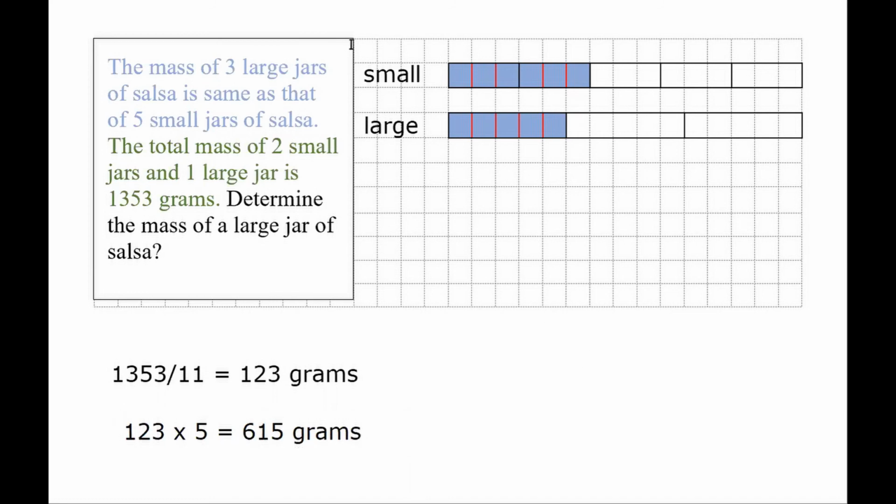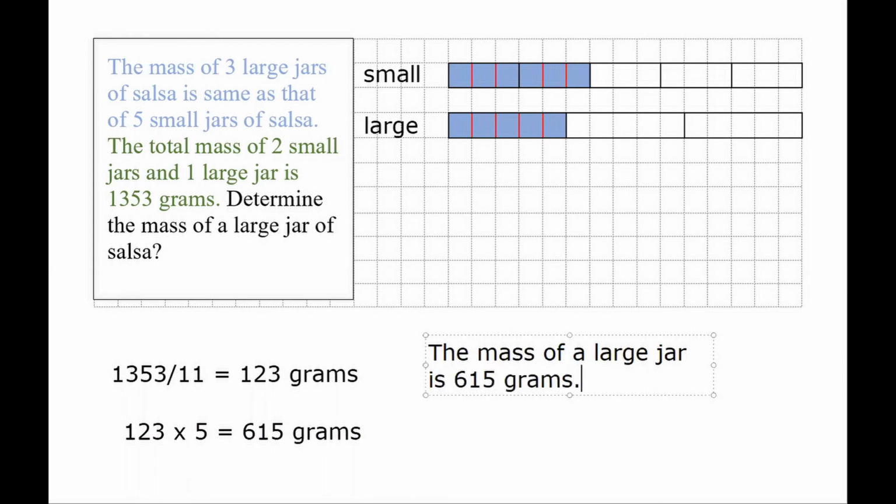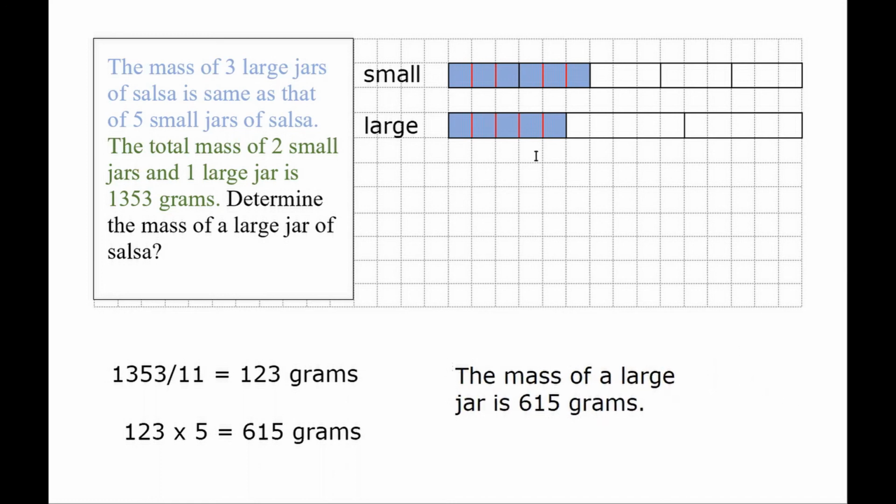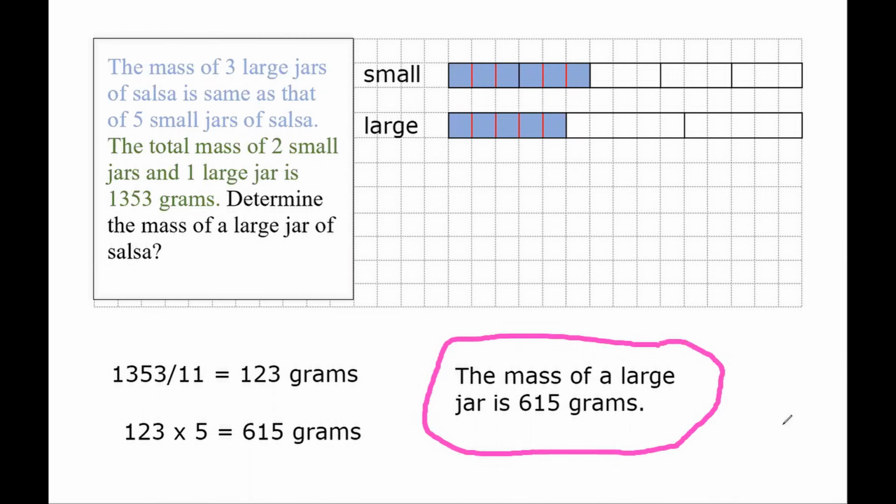So my final answer is the mass of a large jar. This is my final answer. The mass of a large jar is 615 grams.